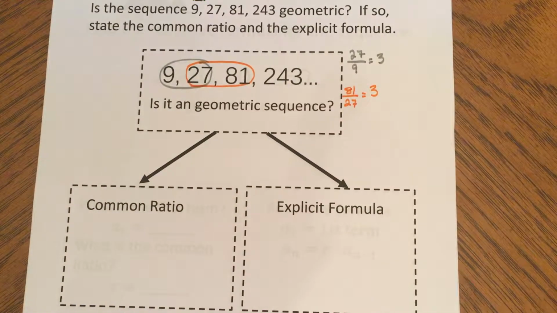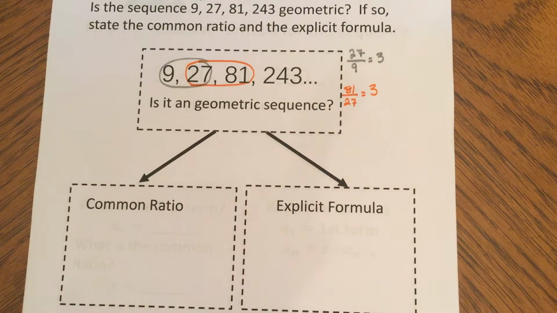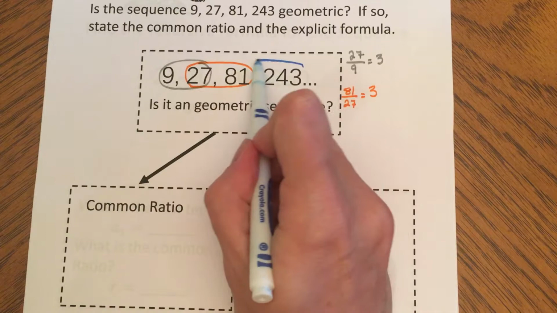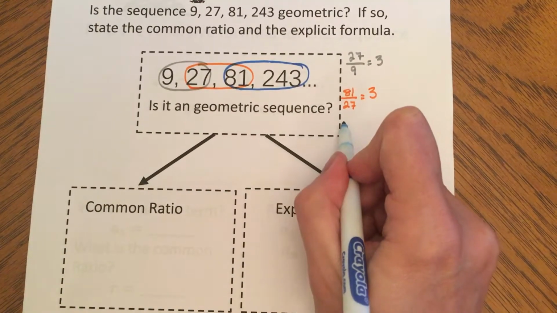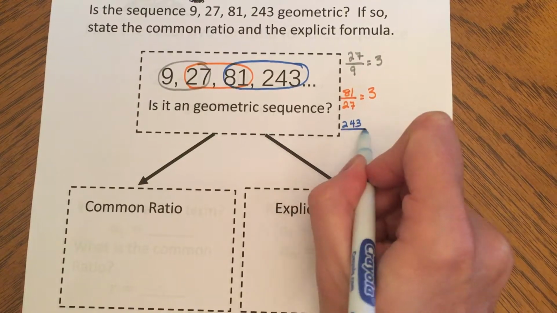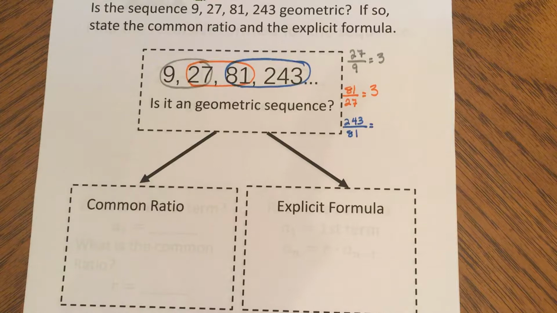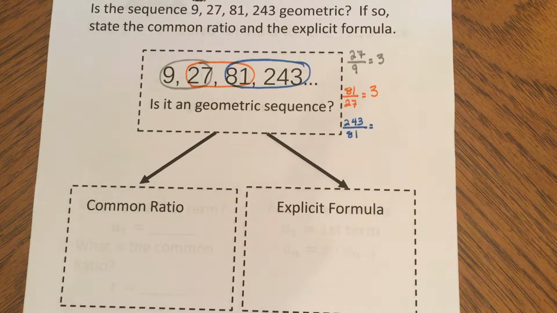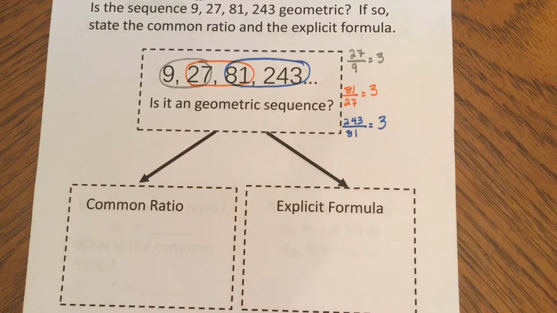I'd say great. And then we do it again. And I would say, what is the ratio of these two values? 243 and 81. And again, you turn on your calculator and you would divide it, and you would find, yep, it's still 3.